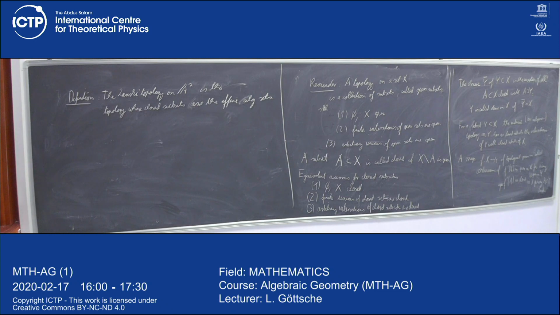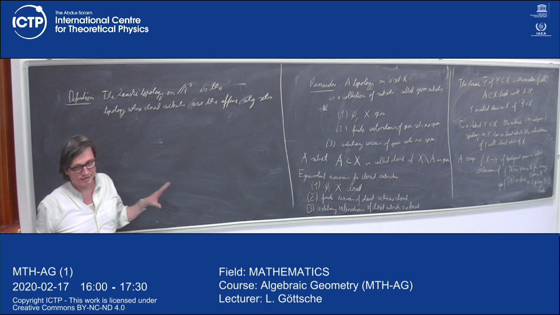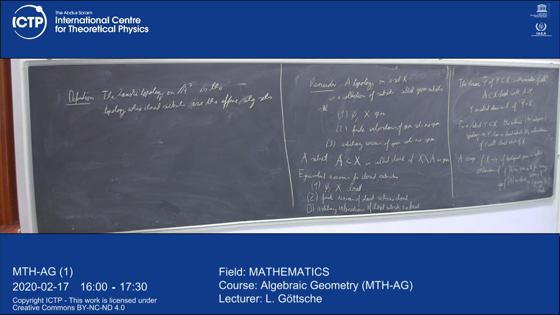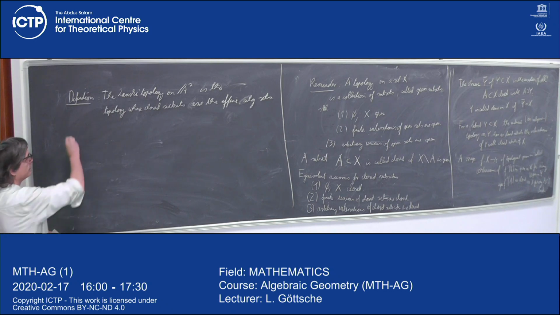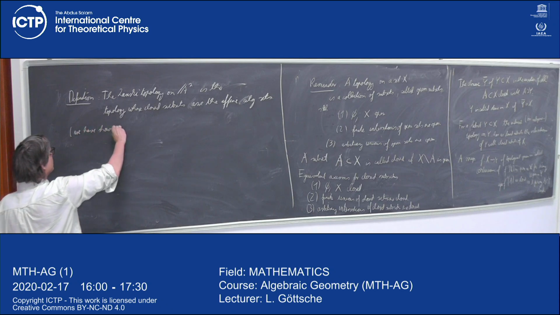We have essentially seen it's a topology, so we have seen that finite unions and arbitrary intersections of affine algebraic sets are affine algebraic sets. We have also seen that the empty set, as the zero set of the polynomial 1, and the whole of AN, as the zero set of the zero polynomial, are also affine algebraic sets. So we have shown this is a topology.